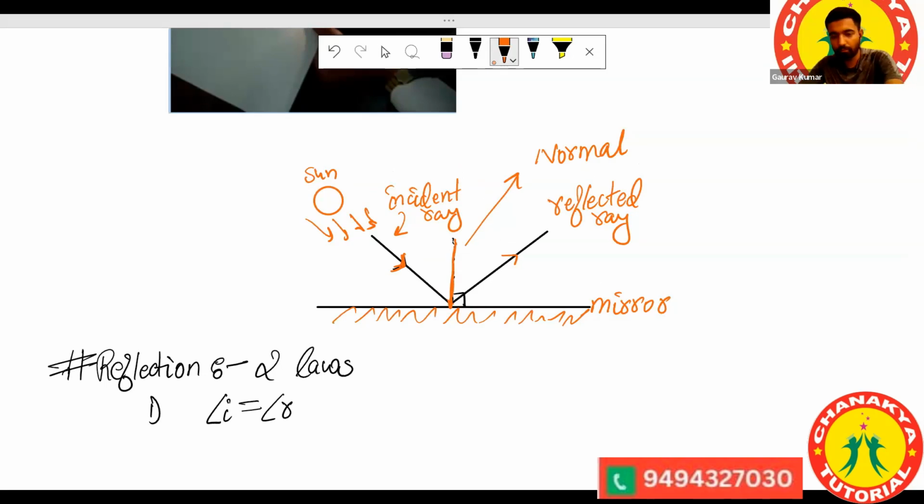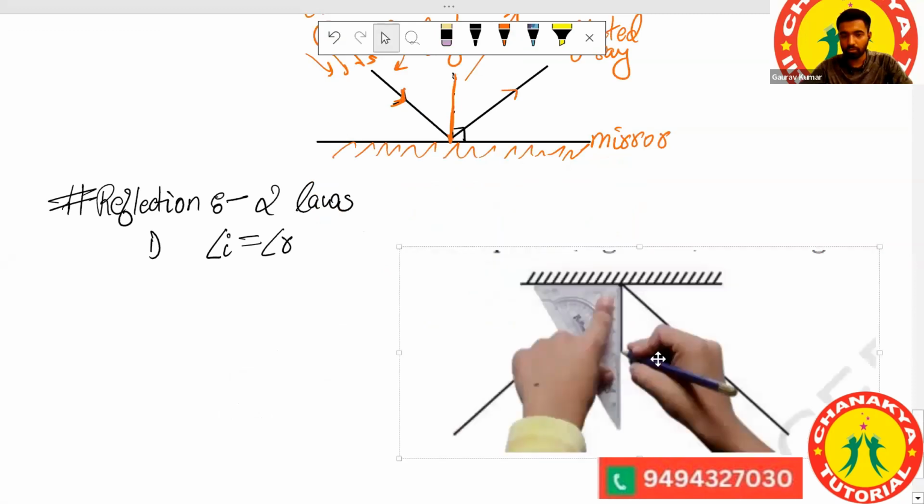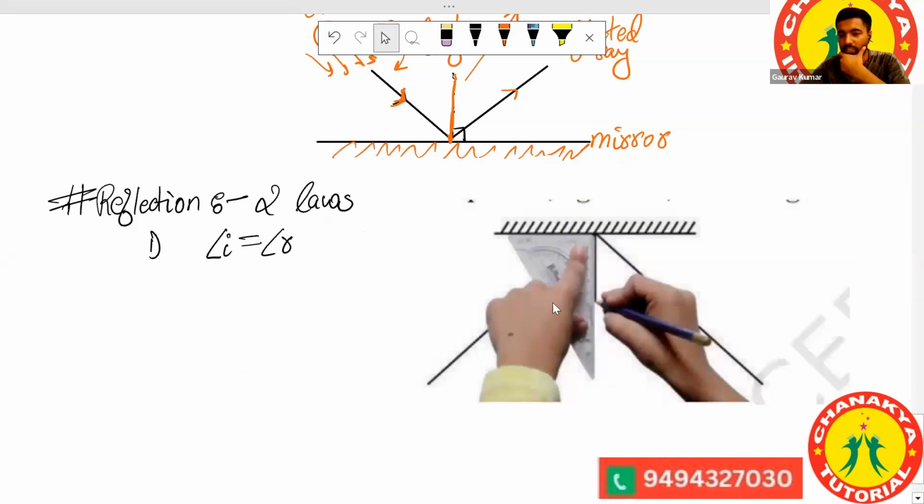See, I will show you a picture in which a student is drawing a normal. He is taking a scale and drawing a perpendicular line from the mirror. So this line is the normal.